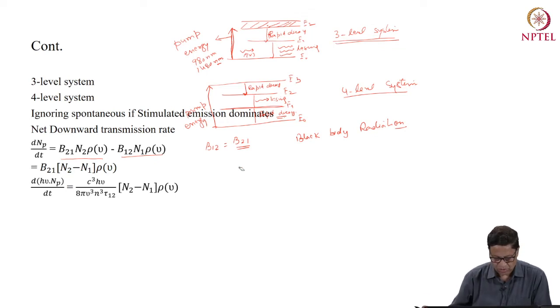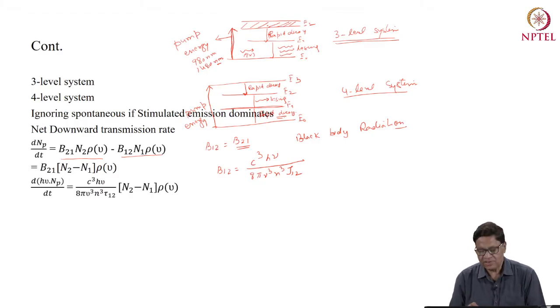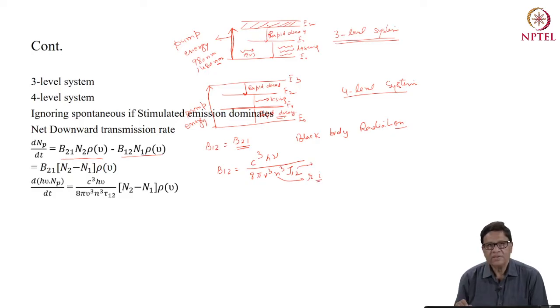So the value of B21 or B12 will be c cube h nu over 8 pi nu cube n cube tau 12, where c is the velocity of light, h is Planck's constant, nu is the frequency, n is the refractive index of the material, and tau 12 is the average spontaneous lifetime of the photon.